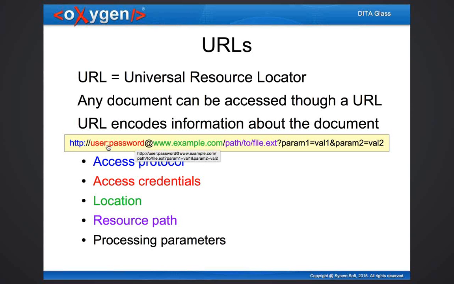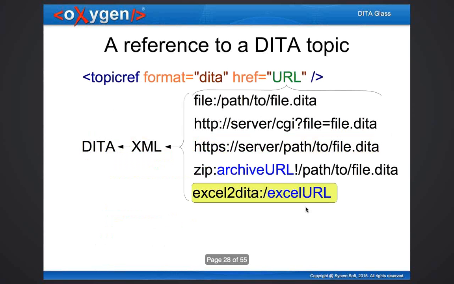Then we may have different credentials to access that resource. Then we may have a server location, a path to a resource, and if that resource is a script, then we may have some parameters that specify to that script how to process the information that should be retrieved. So a URL encodes not only location information but also processing.